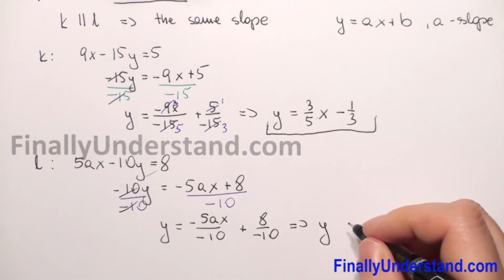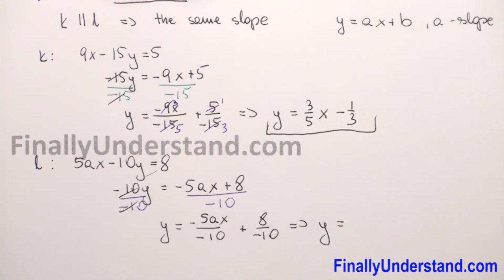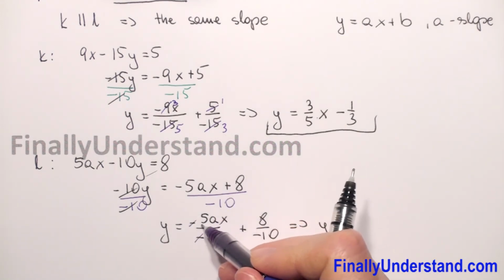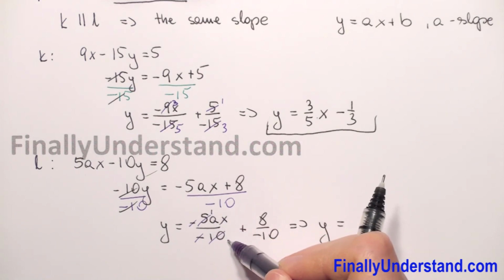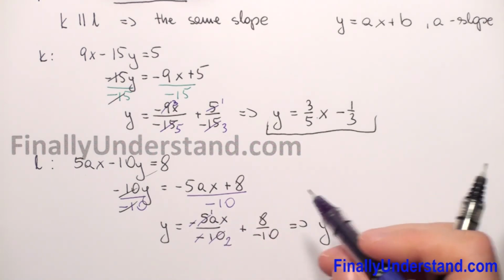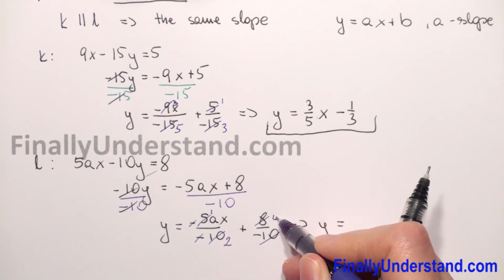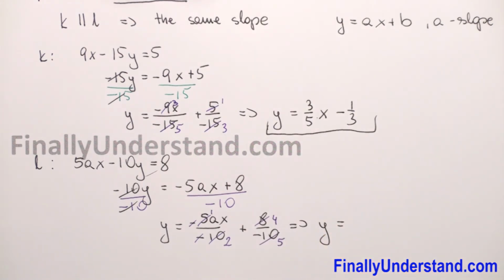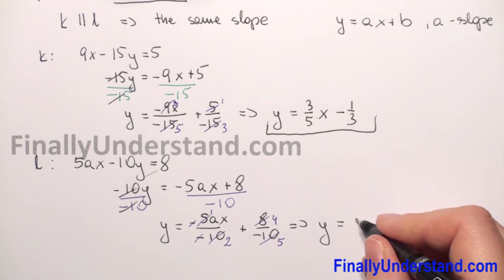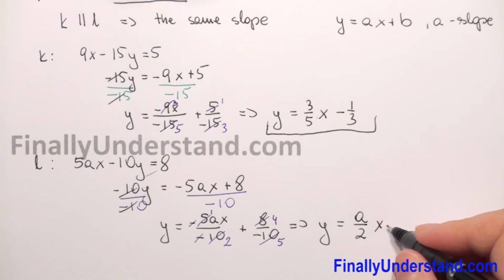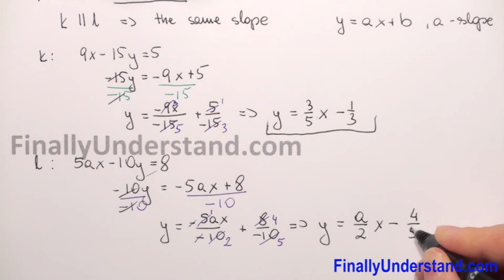So y is equal to, negative and negative will reduce, and 5 with 10 will be 1 and 2, and 8 with 10 will be 4 and 5. So, like I said, the negative sign will reduce, so we have 1 times a, so it is a over 2 x, and positive and negative give negative 4 over 5.